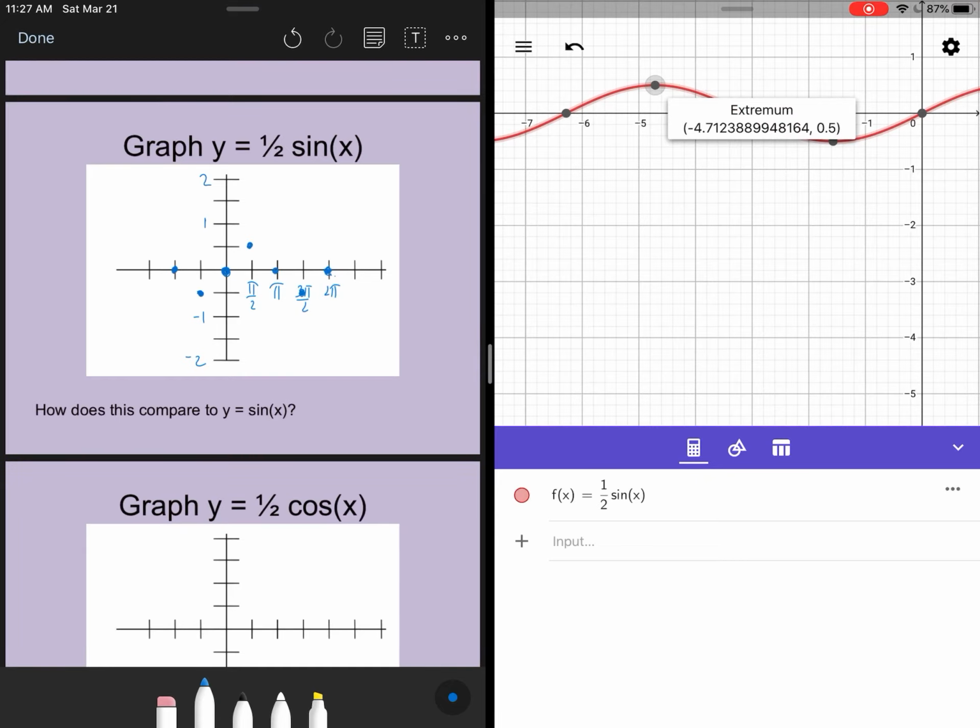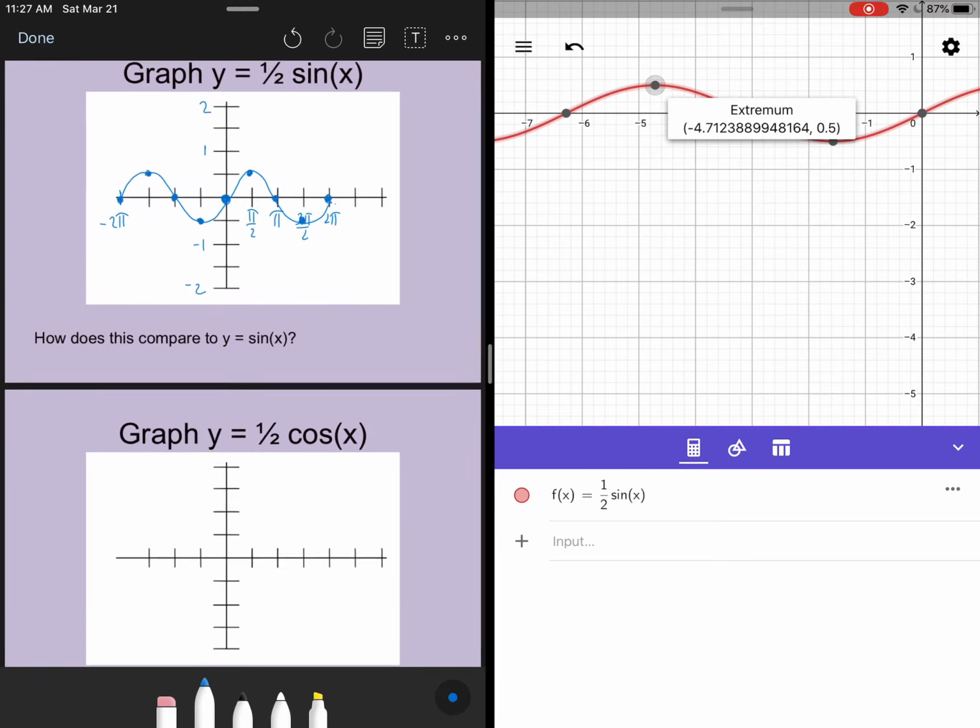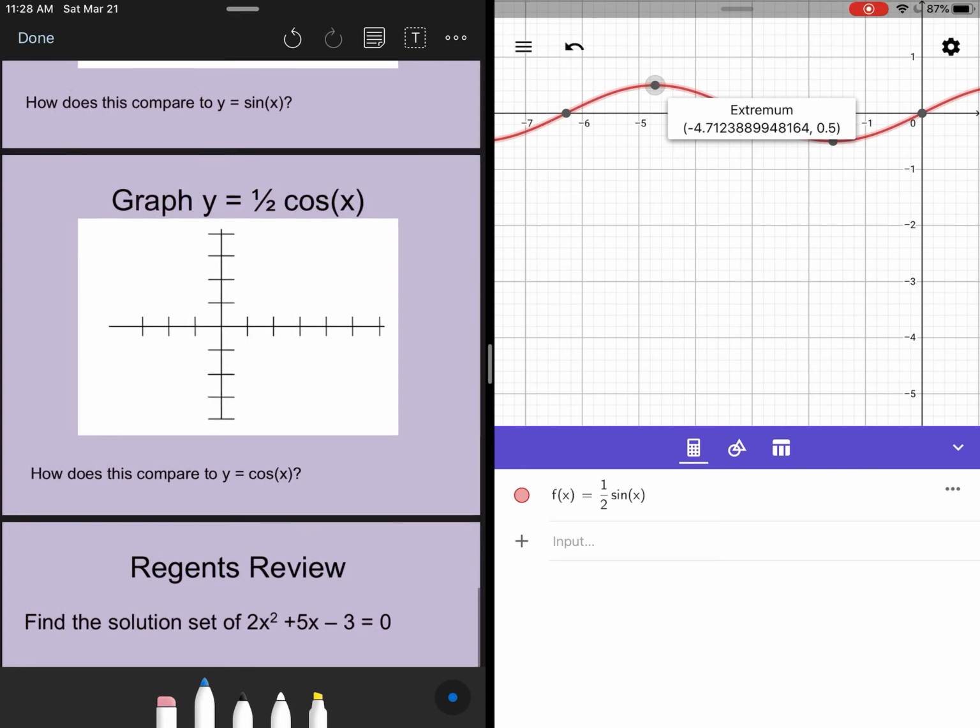When x is -3/2 pi or -270, it's going to be 1/2. And then last but not least, at -2 pi or -360, we're back at 0. Just connect them, and you have your graph.